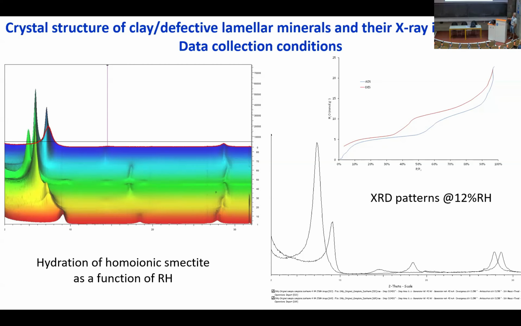So we are going from essentially dehydrated smectite here, smectite with 1 plane of interlayer water molecules here, smectite with 2 planes of interlayer water molecules here, smectite with 3 planes of water molecules here, and then back to 2 planes, 1 plane, and we were not able, without heating the sample, to dehydrate it back to completely dehydrated smectite.